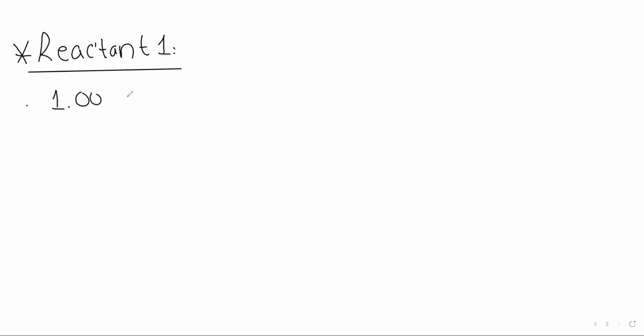So the second step is find the amount of product generated in relation to reactant 1. The amount of product formed from reactant 1 is the 1.00 moles of CH4. Good. So we're taking our amount of reactant in moles, and we want to find the amount of product in moles.